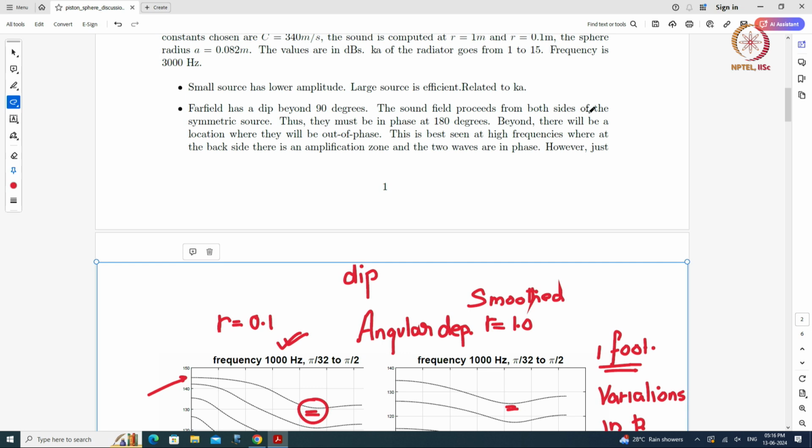The sound field proceeds from both sides of the symmetric source, thus they must be in phase at 180 degrees. Beyond there will be a location where they will be out of phase. This is best seen at high frequencies, where at the back side there is an amplification zone and the two waves are in phase.